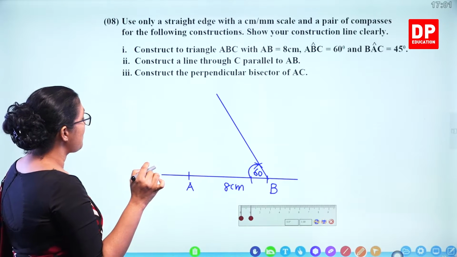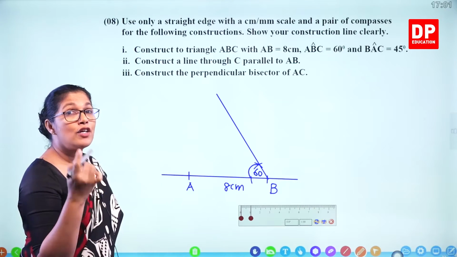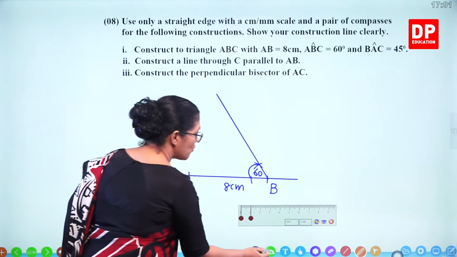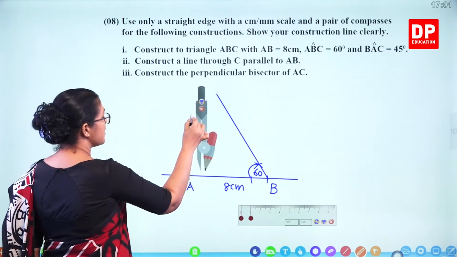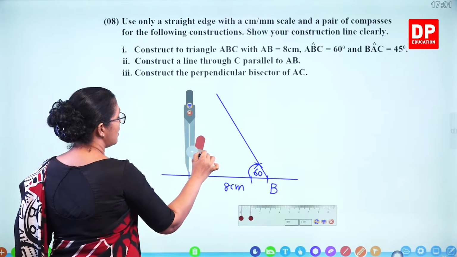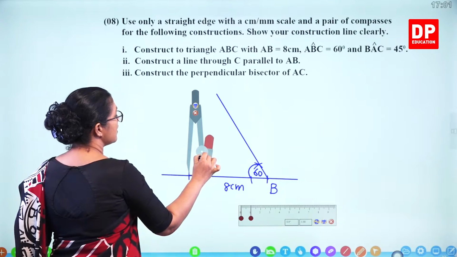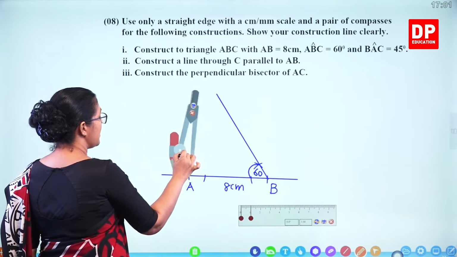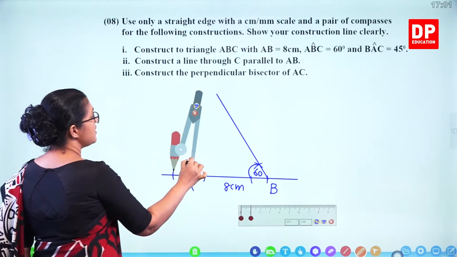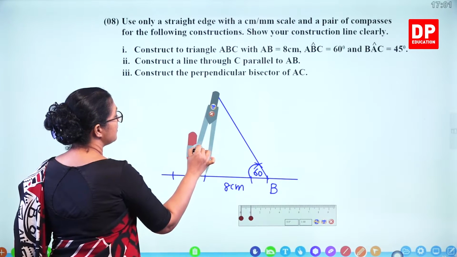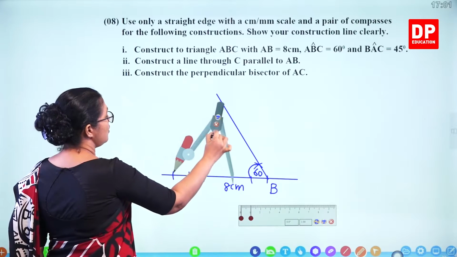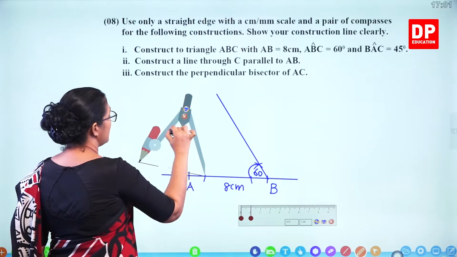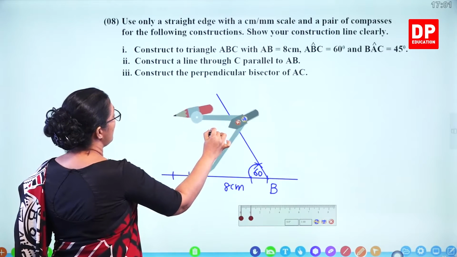And BAC 45. So we can construct 90-degree angle and then bisect it. So you need the compass for that. So you can draw a perpendicular line first. So we can mark 2 points here and then take a bigger length, and you can keep the compass on top of this point and draw an arc above.